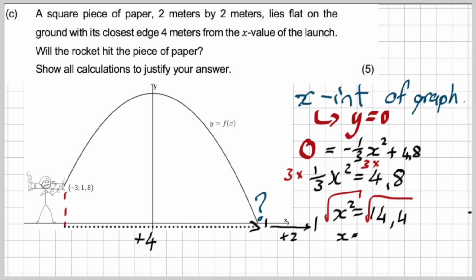But ladies and gents, a very important thing for grade 11 and 12: if you put in your own square root, you have to say plus or minus in front of that square root. And therefore, x is plus or minus 3,79.